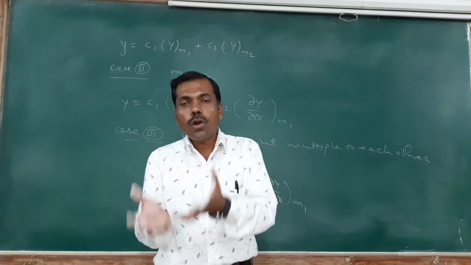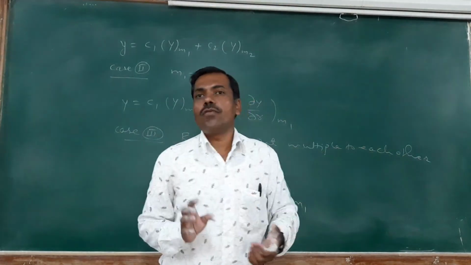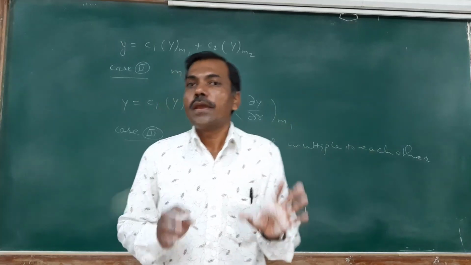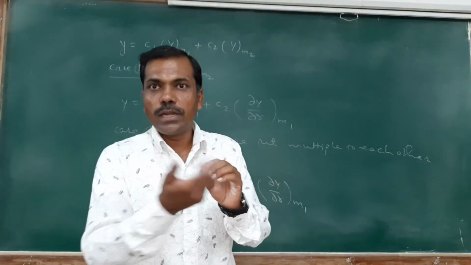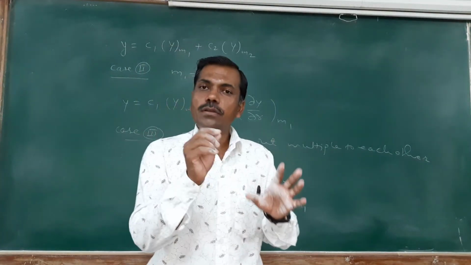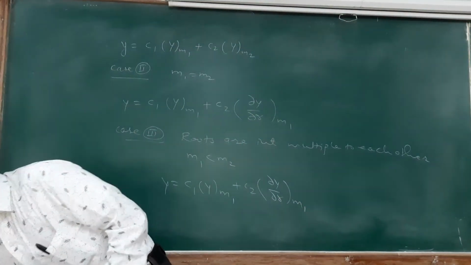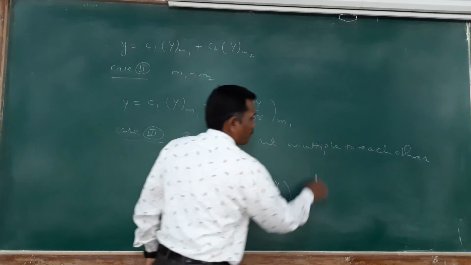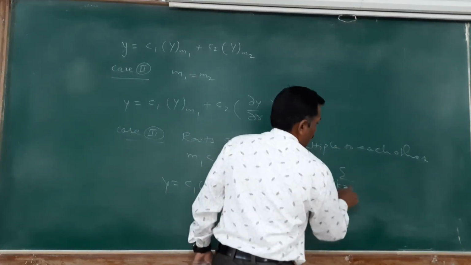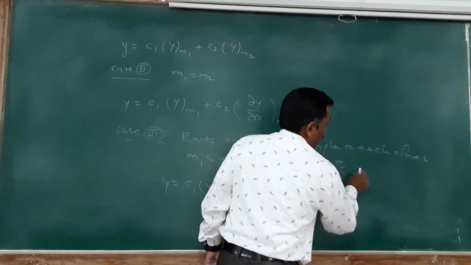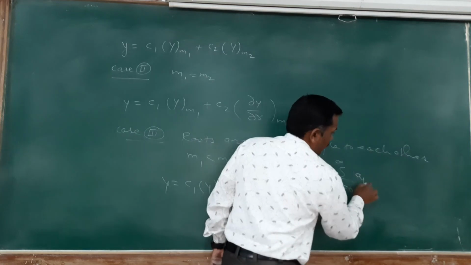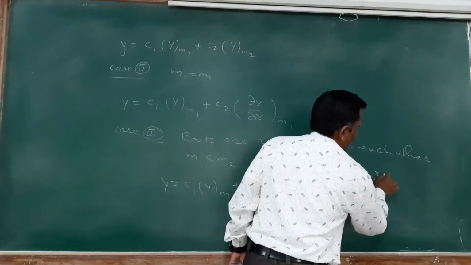And now put all these values in our y. Y is equal to the summation, k equal to 0 to infinity, of ak x raised to r plus k.